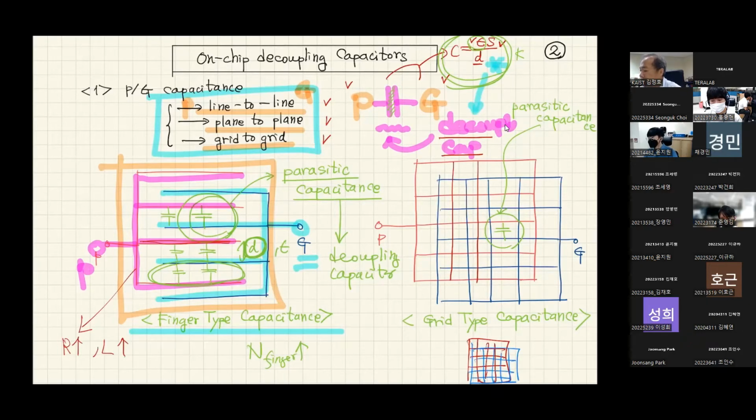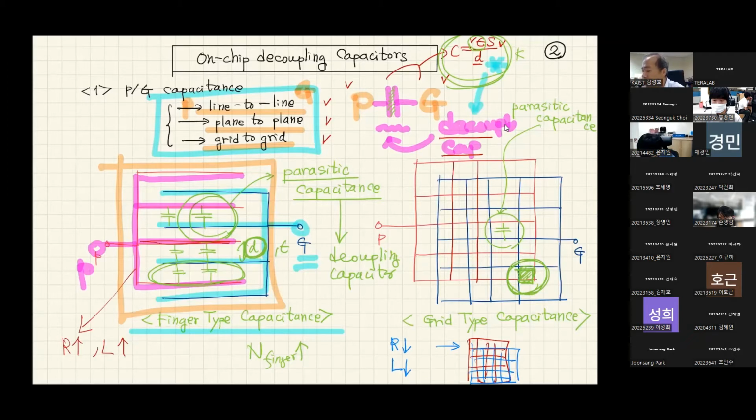The advantage of grid type is that we can reduce resistance and we can reduce inductance, because the loop inductance generated by this grid will be determined by the area of this small square, which is formed by the power and ground grid.